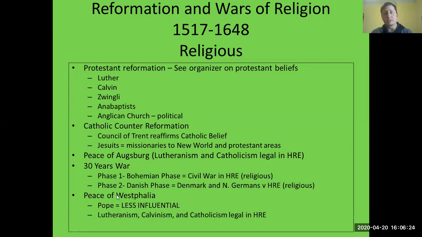But all that ends with the Peace of Westphalia, which is a huge peace treaty. We're not going to get a whole lot into that. But religiously speaking, it says that Lutheranism, Calvinism, and Catholicism are now legal in the Holy Roman Empire. And so Calvinism gets its legal recognition in the Peace of Westphalia.